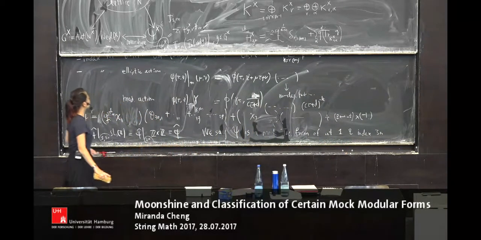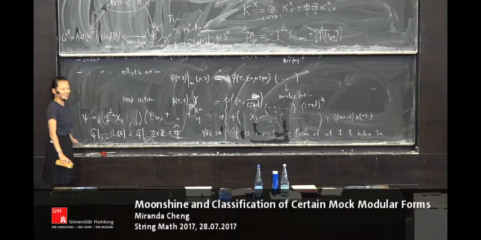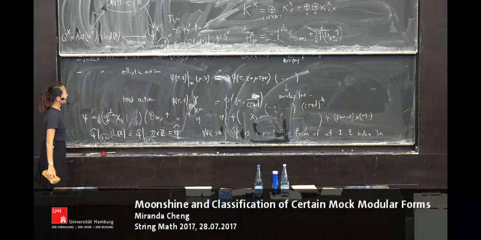Another interesting thing about Umbral Moonshine is that it's now known, due to work by many others, including myself and some of you in the audience, that it's very closely connected to the stringy K3 symmetries. But that's not what I'm going to talk about now.